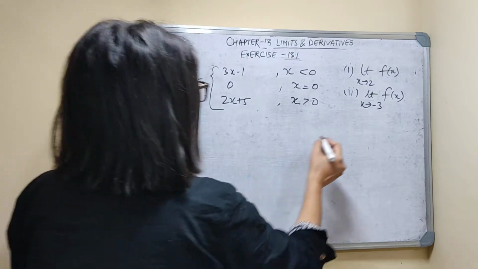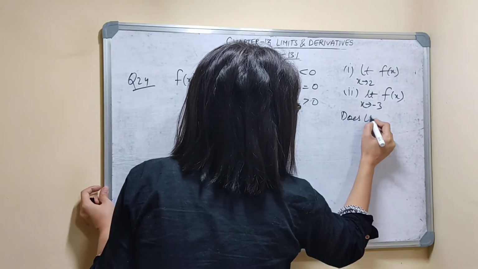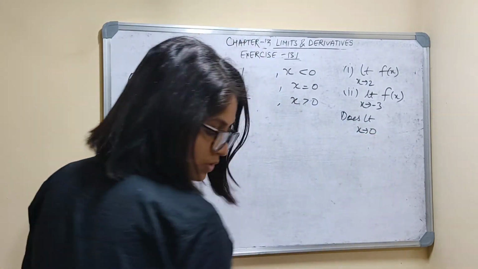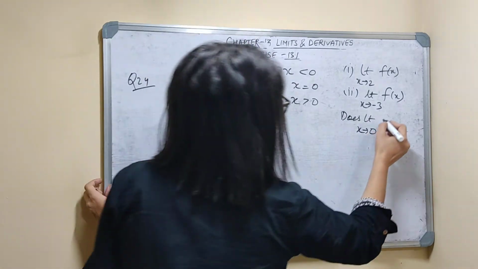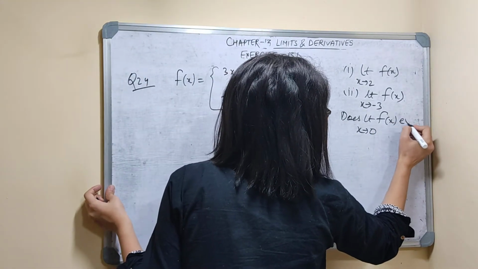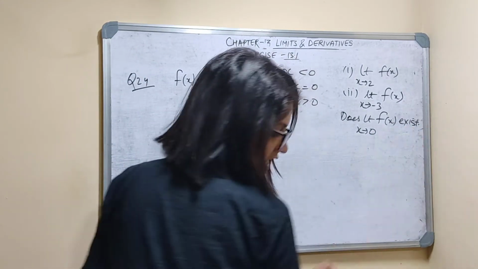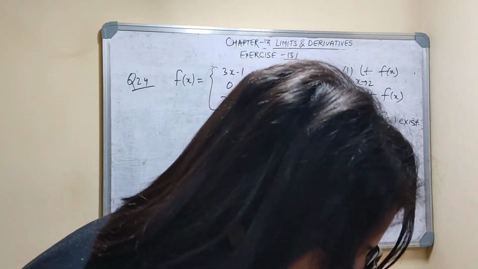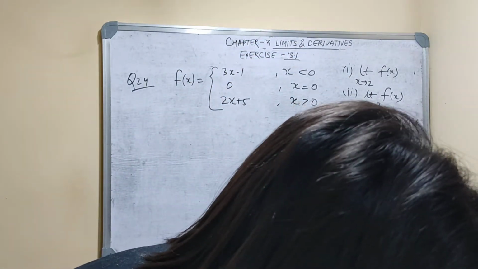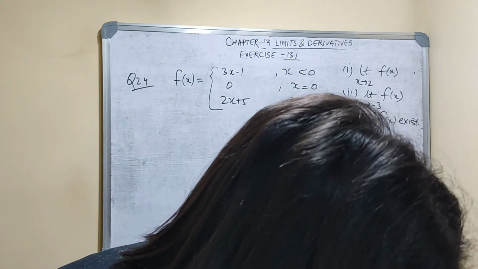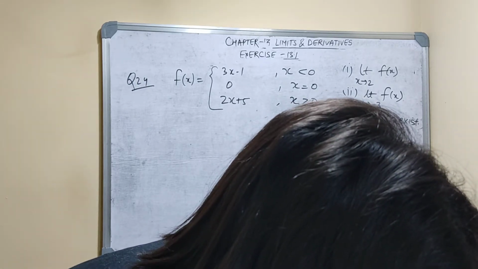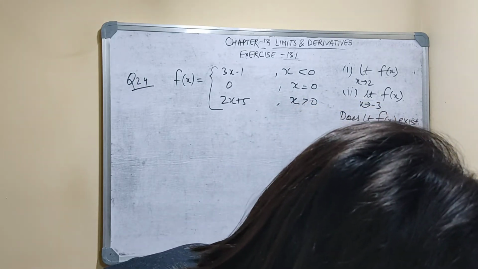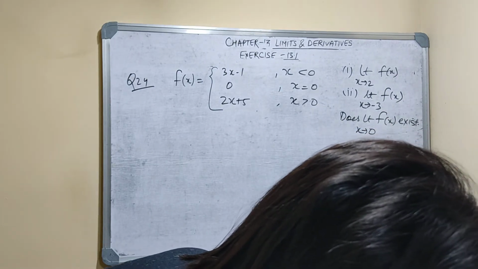And third, does the limit as x tends to 0 of f(x) exist? If it exists, explain why; if no, explain.